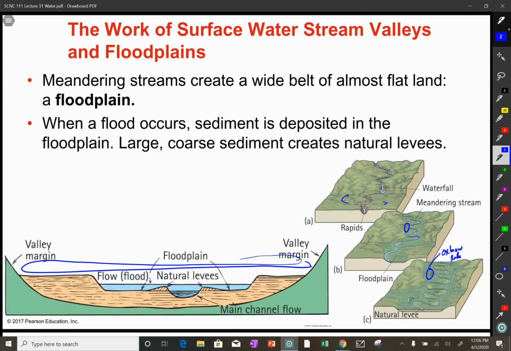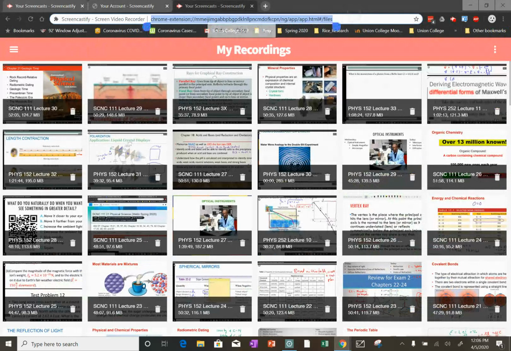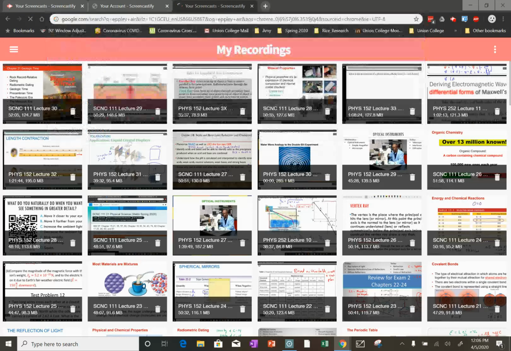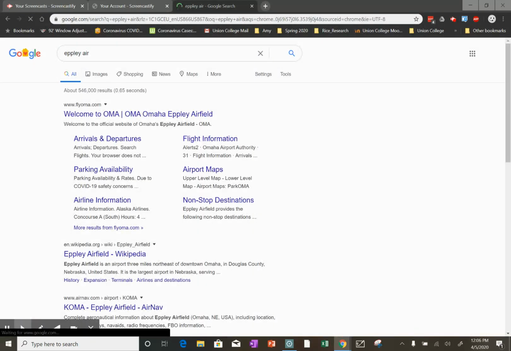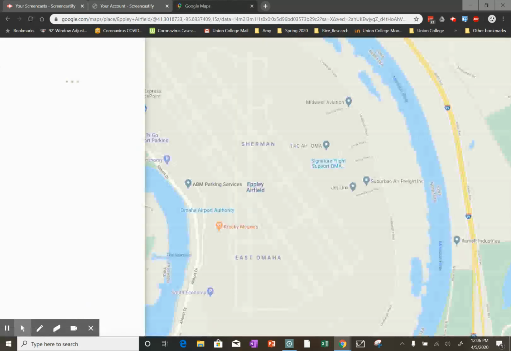let's just go to my web browser and just look up in the maps. Eppley Airfield, I missed. Excellent. Here, Eppley Airfield. Bring up the map, maybe. Of course, I clicked again too late.